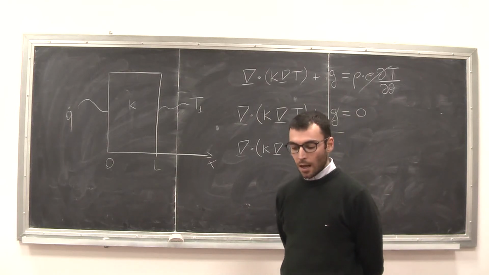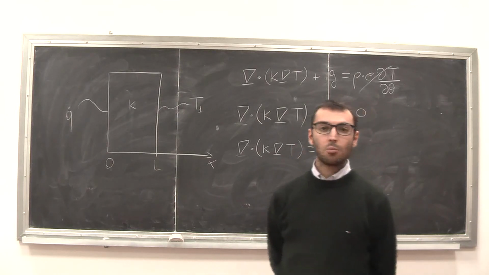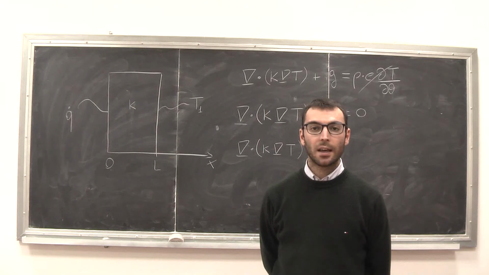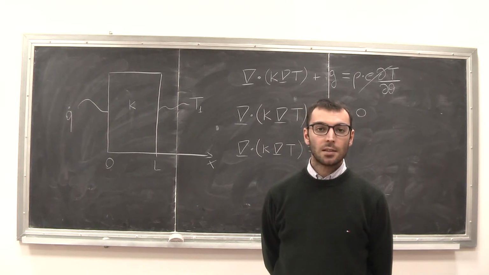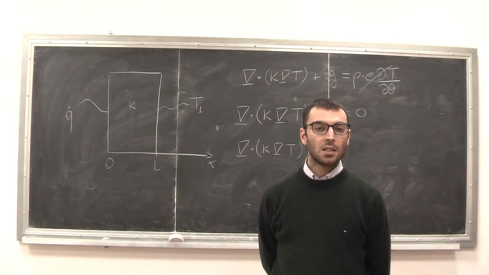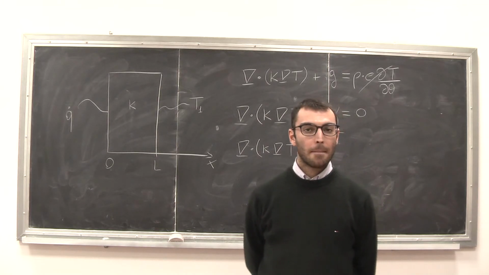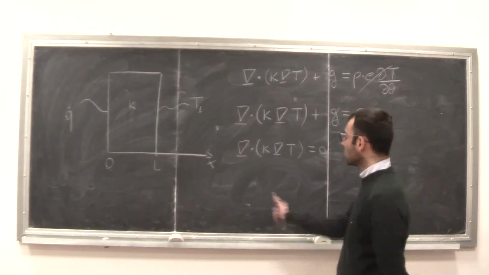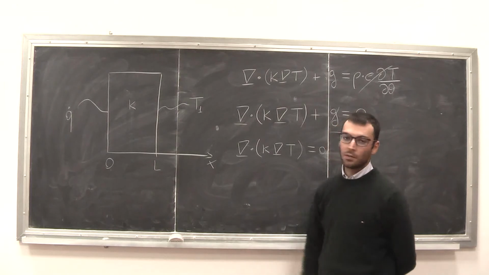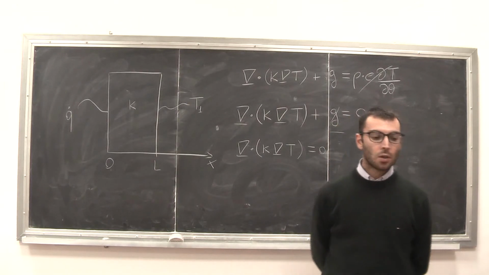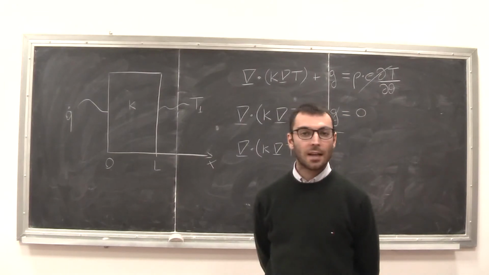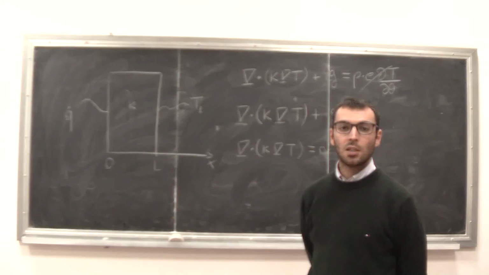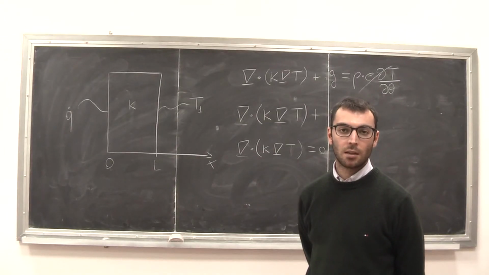This is a relevant simplification because in the most general cases K is a matrix, and in the isotropic hypothesis K is just a number. But this hypothesis is not enough in order to take out K from the divergence, because we need to hypothesize also that K is not temperature dependent.